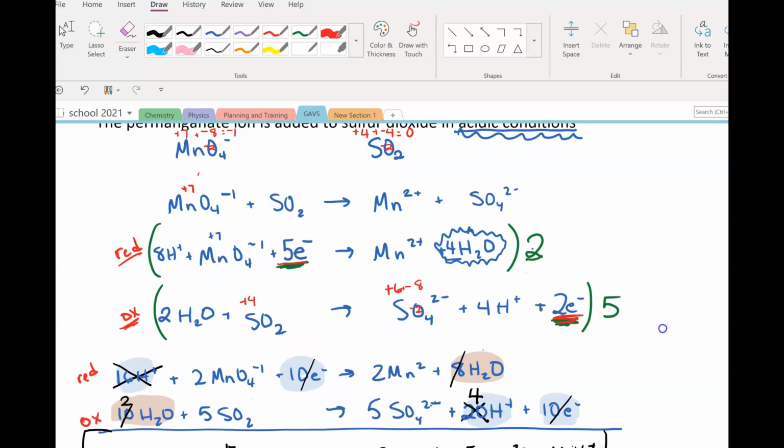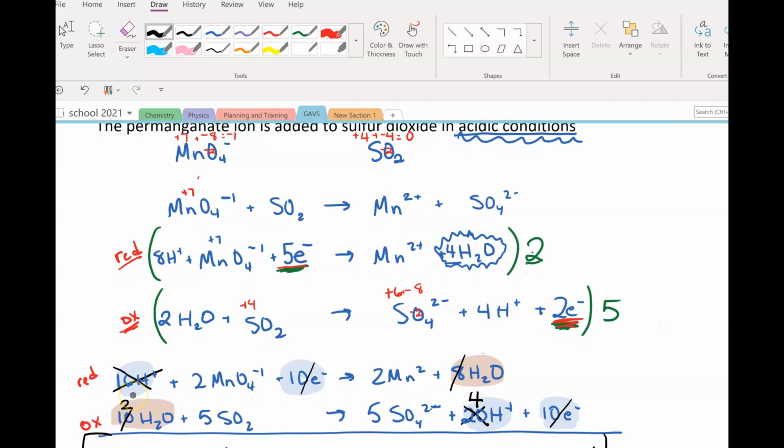Writing out my reduction, I now have 2 times 8 is 16 hydrogens, 2 permanganate ions, and 10 electrons, forming 2 manganese 2 ions and 8 waters. In my oxidation, multiplying by 5, the 2 waters are now 10. 5 sulfur dioxides form 5 sulfate ions. 20 hydrogens have been freed up, and the 10 electrons.